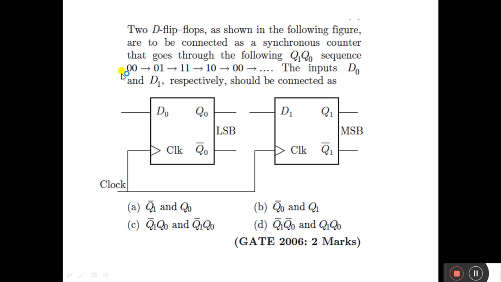The sequence we need to get is this form. The inputs D0 and D1 respectively should be connected as.